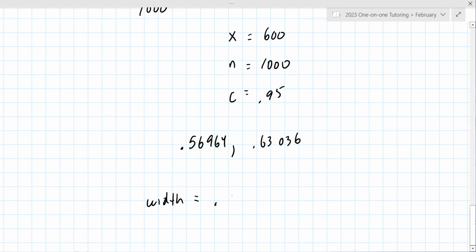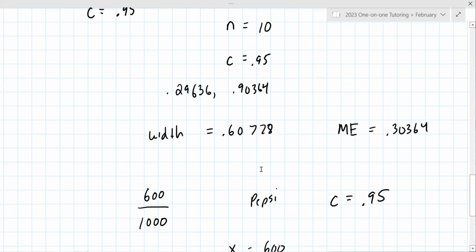The width is 0.06072. Okay, what would the margin of error be? The margin of error is 0.03036. Good.